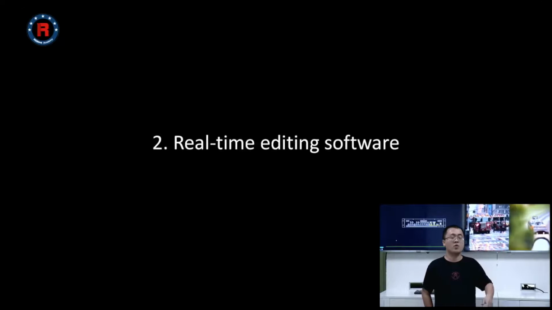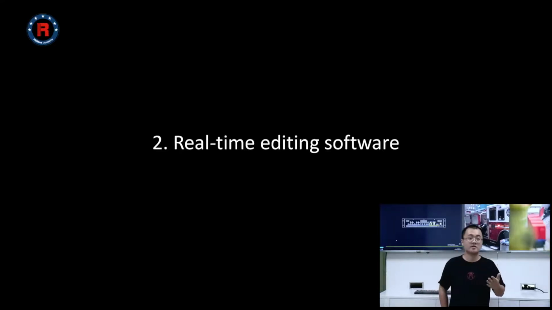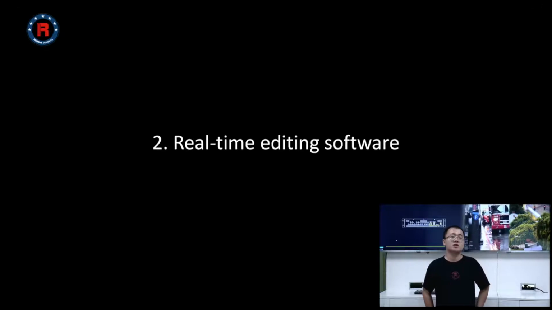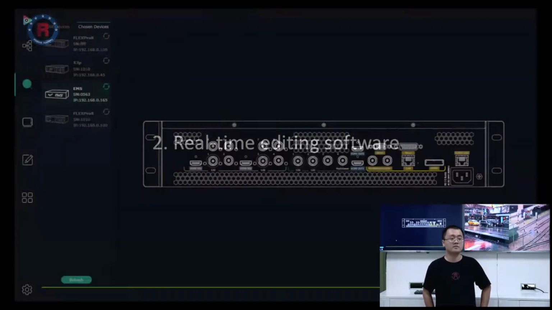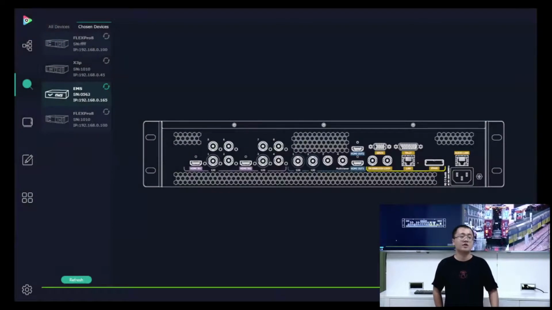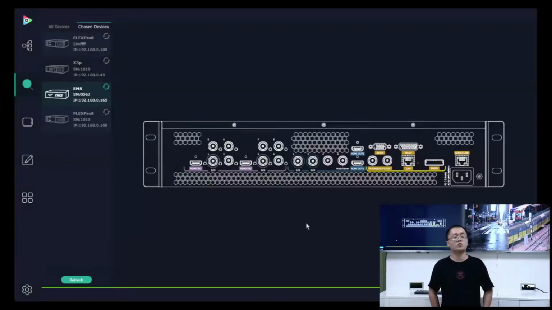And the second one, we provide new software in EMS to support the real-time editing. It's also a member of the Expose family, and we call it Expose EMS version. And this is the interface. I will show it in the live demo later. Like Expose, we can search for the device and find this device.